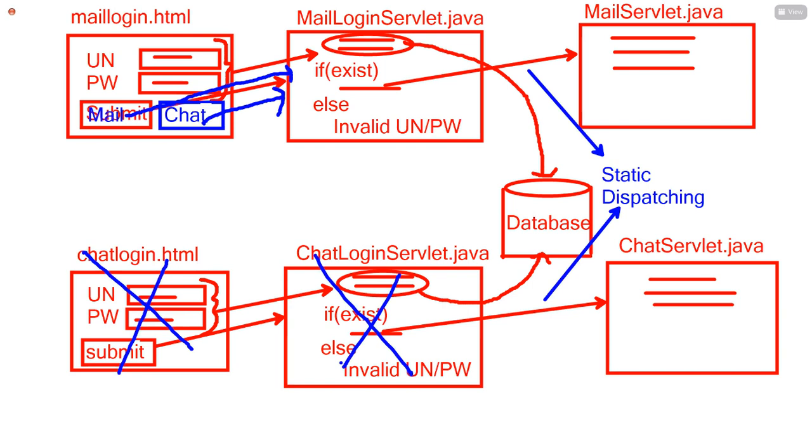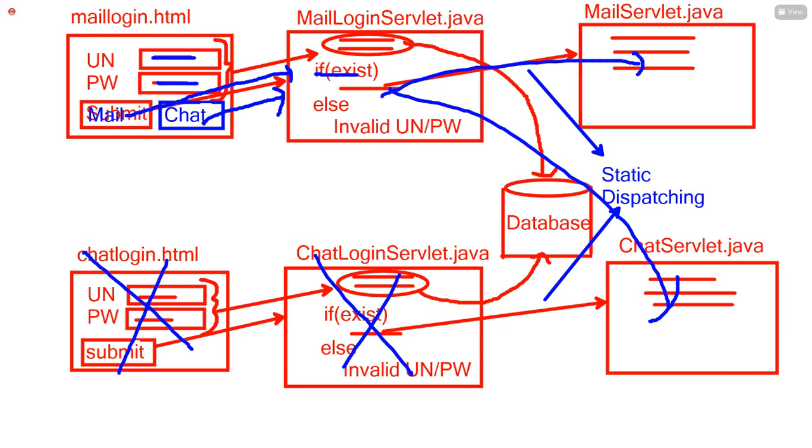Which submit button was clicked, we can find out like a get parameter, username, get parameter, password, like that, get parameter, submit button value. For both submit buttons, you can write the same name, but the value is different. Then whichever submit button is clicked, that value comes. If that value is mail, forward to mail. If the value is chart, forward to chart.